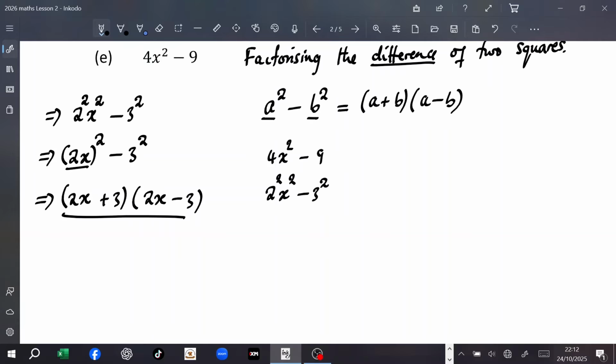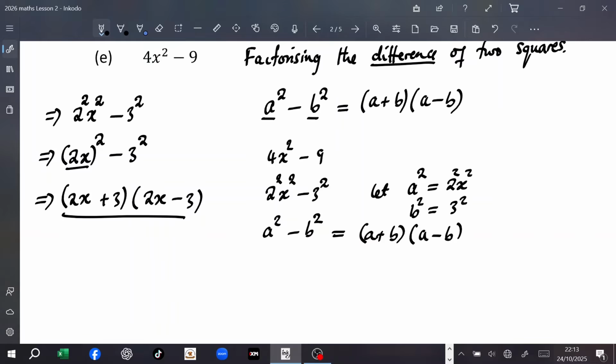Now say let a squared be equal to (2x) squared, and b squared equal to 3 to power 2. So here it will be a squared minus b squared. Then according to the factorization, this will come out as (a + b)(a - b).